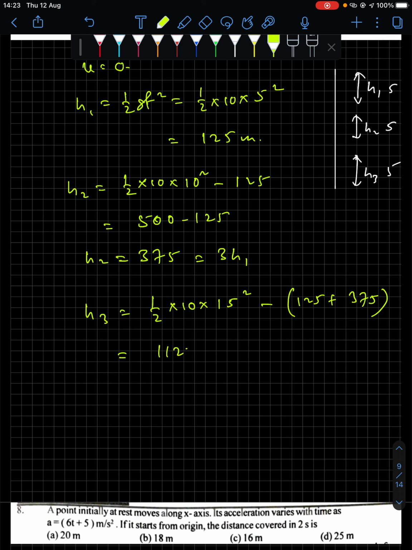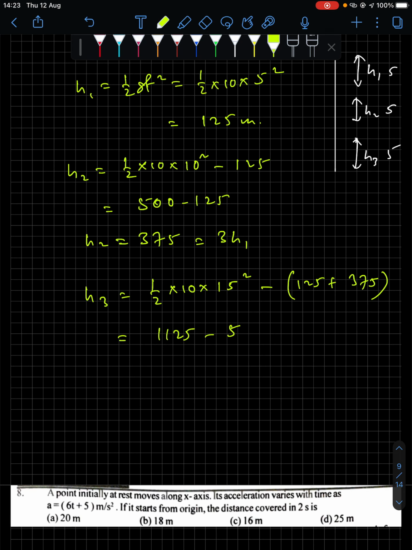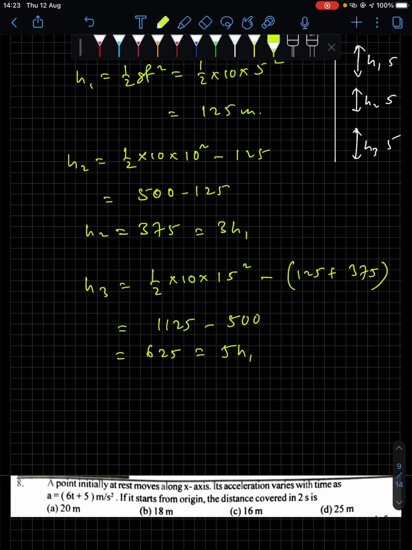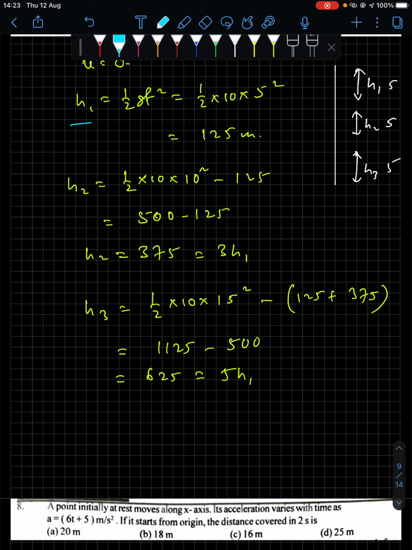So that gives you 1125 minus 500, which is 625, and 625 is 5 times 125, right? So 5 times h1. Therefore, if you want to write a relation, we can write h1 is h2 by 3 and h3 by 5. So that is option number C.